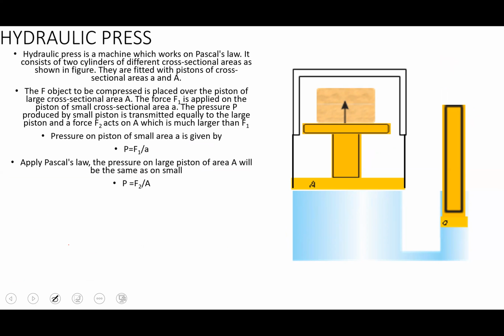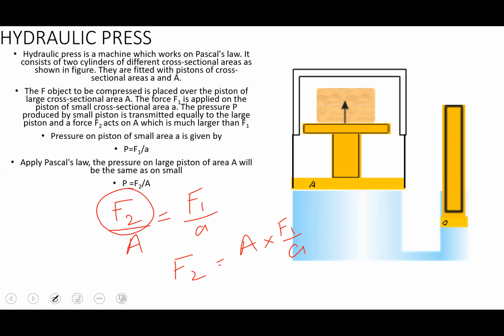Now, if we solve this equation, F2 over capital A is equal to F1 over small a, and if we want to find out how much force has been produced, F2 is equal to A multiplied by F1 over small a.